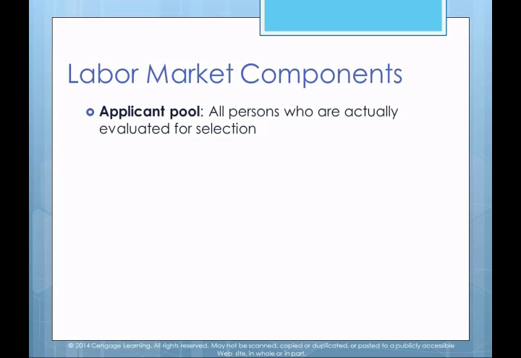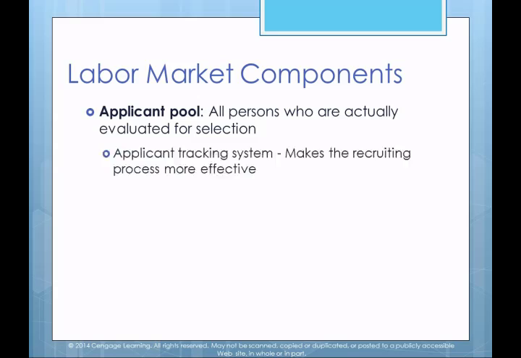The applicant pool is all the persons who are actually evaluated for selection, and the applicant tracking system makes the recruiting process more effective because it gives you the ability to see your applicants and screen them down in your applicant pool.